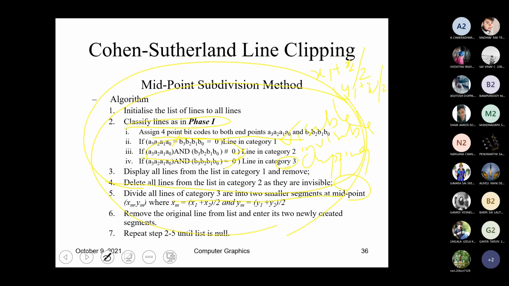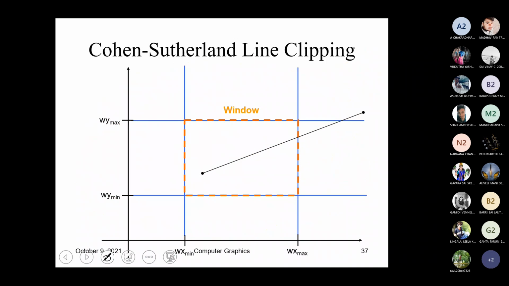Then we divide the line in category R into two smaller segments at the midpoint xm, ym. Remove the original line from the list and enter its two newly created segments. You keep on repeating steps 2 to 5 till it reaches 0000.